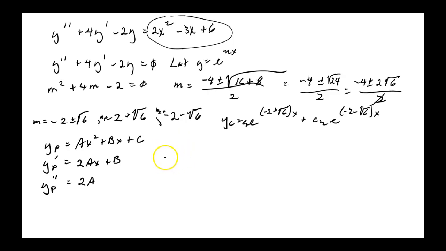So this will be 2a, that's your y particular double prime, plus 4 times y particular prime, which would be 2ax plus b, minus 2 times your y particular, which would be ax squared plus bx plus c.